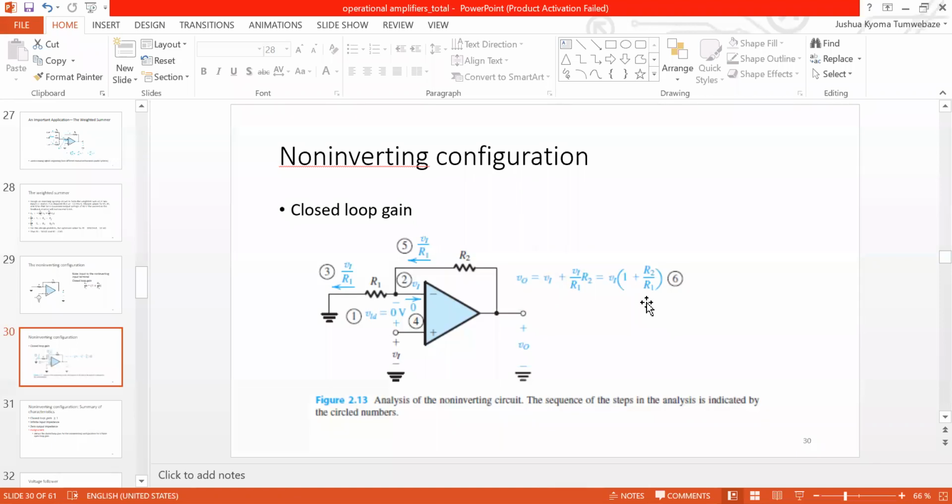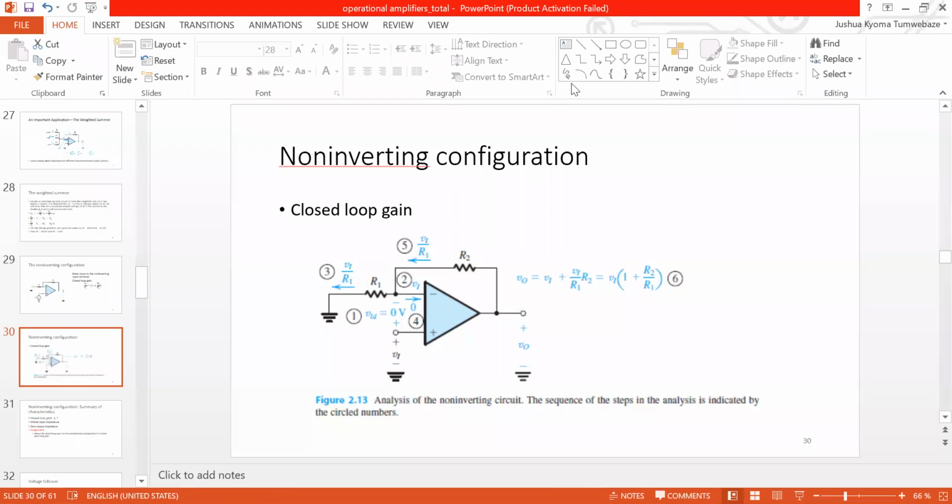Also this gain is non-inverting, which means that the input and output will be in phase. Unlike the inverting configuration, where input and output are 180 degrees out of phase.